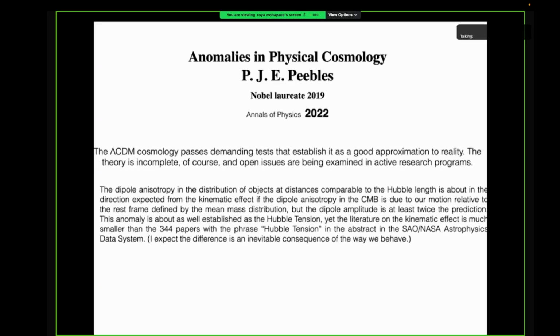And since omega lambda is lambda over 3 times H naught squared, that means lambda is 2 times H naught squared. But what I'm suggesting is that this scale is forced upon lambda because of the rigid framework of the model in which you're interpreting the data. There is no other scale in the problem.